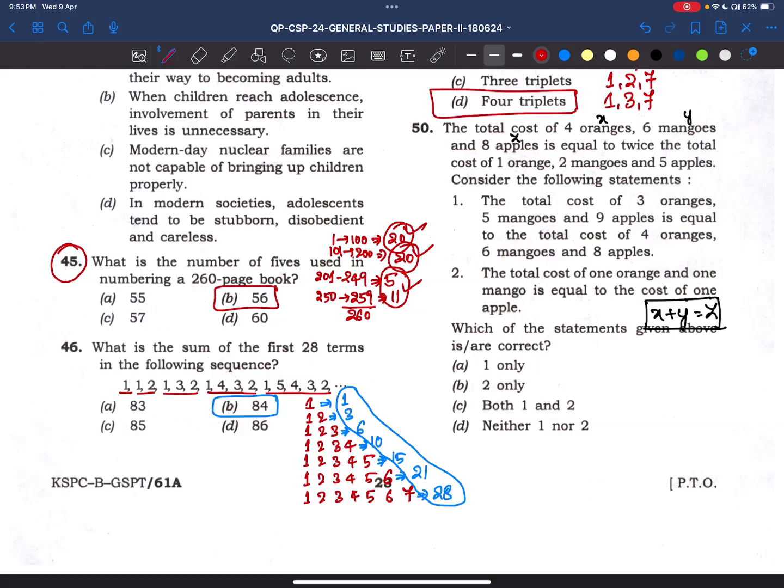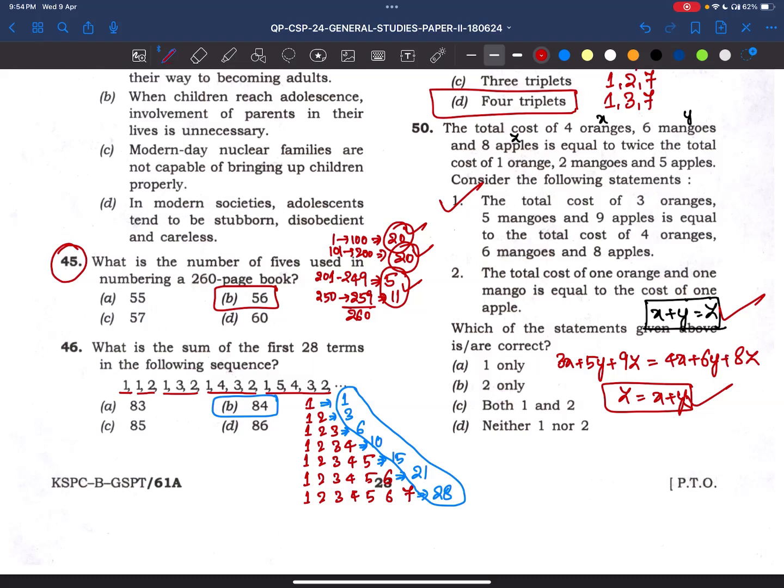Total cost of 3 oranges, that means 3x plus 5 mangoes, 5y plus 9 apples, 9z equal to cost of 4 oranges, 6 mangoes and 8 apples. Right? What will we get after rearranging? z is equal to x plus y. Right? See here, the equations are satisfying.